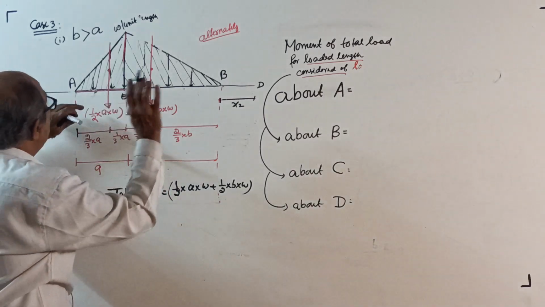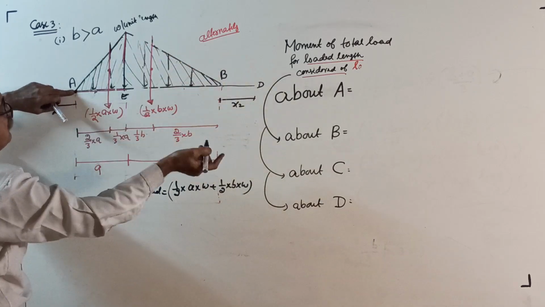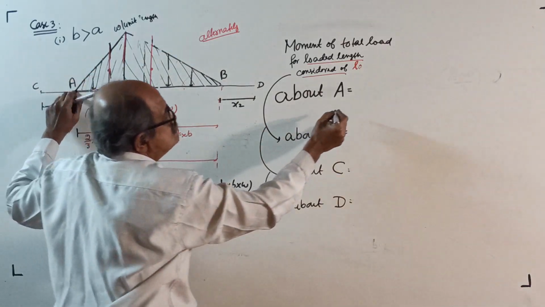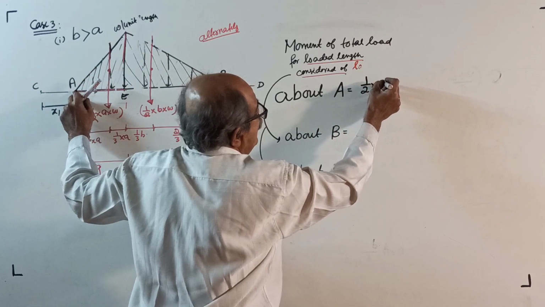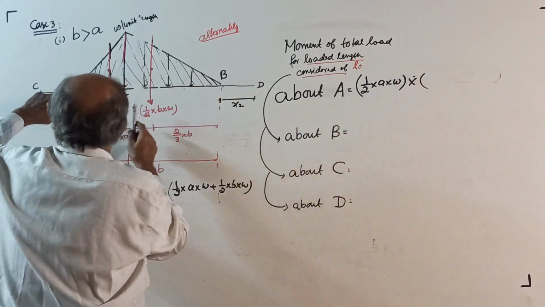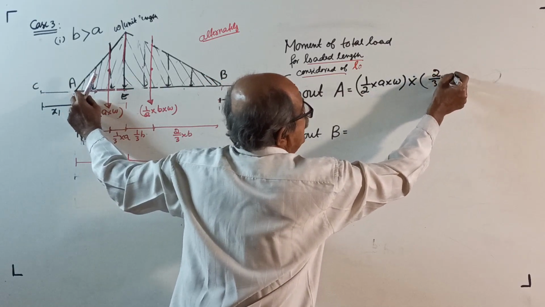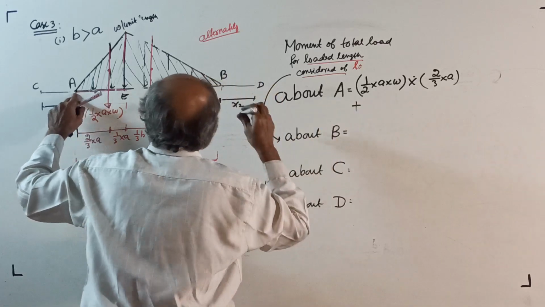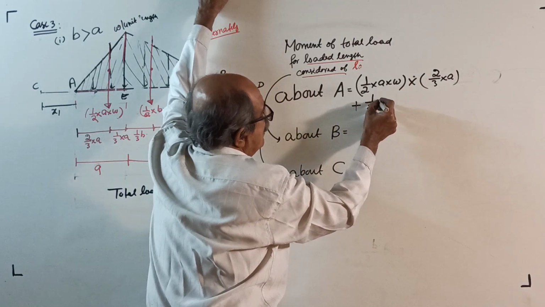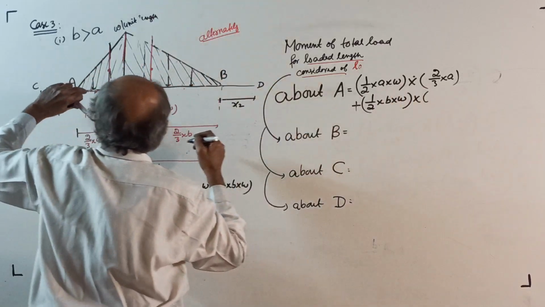Now when you take moment about A, take the moment of this load and this load separately. Moment of this load, half into A into W, is the load multiplied by 2/3 of A, plus one more, half into B into W, which is one more load multiplied by the distance.